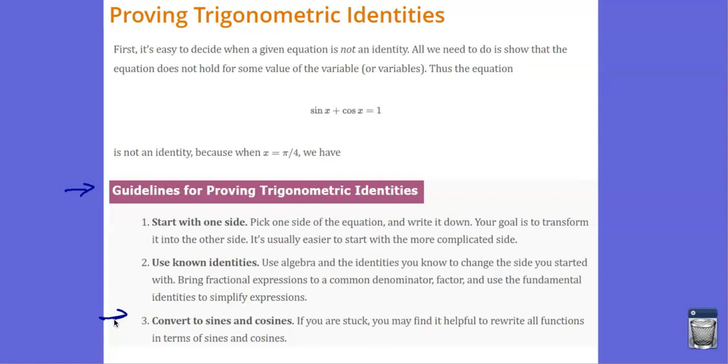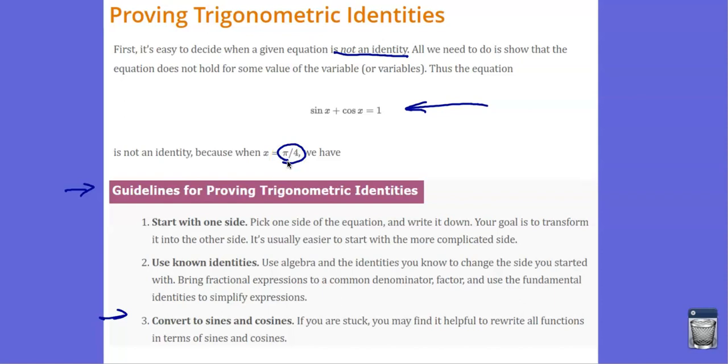Now, I do want to go back to this first part. It says if you want to prove that something's not an identity, you simply just need to find an example. So let's just say if I gave you this and say, hey, prove that this is an identity or if it is not. Well, if it's not an identity, you just need to find an example that proves that it's not. Well, if you let x equal pi over 4, then it doesn't equal 1.